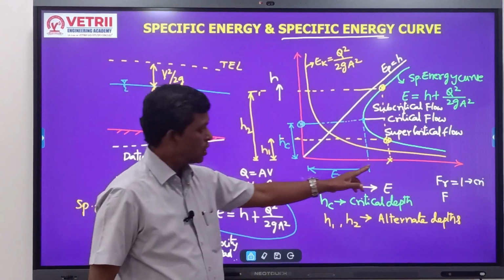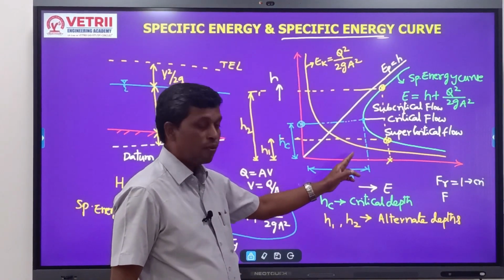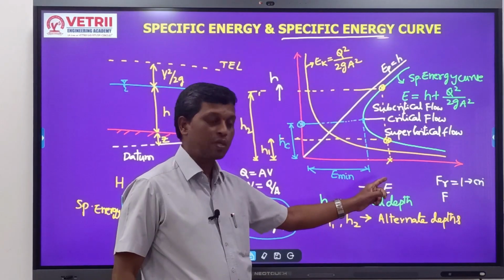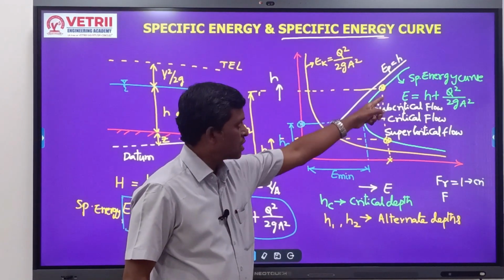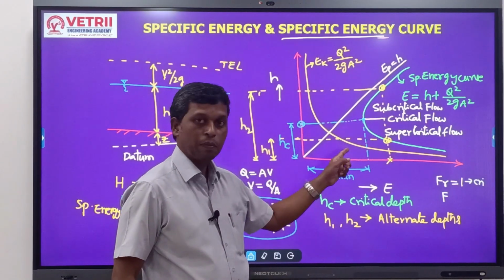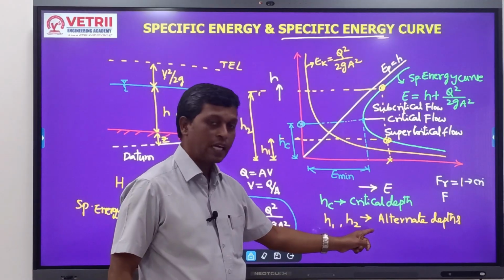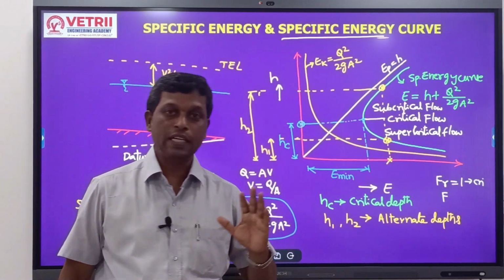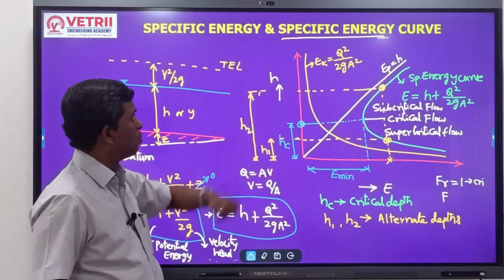So what is the point to remember here? For any specific energy other than minimum specific energy, there exist two different depths. These two depths are called alternate depths. So this is about specific energy.